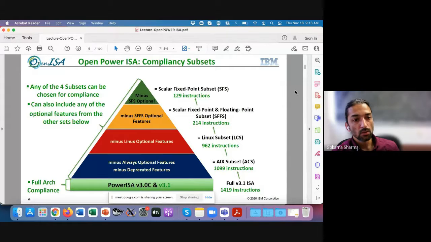You can go from the top smaller one, the green one, to the yellow one, to the red one, to the blue one, and if you go further, you will have the full architecture. That's how the compliance subset works.